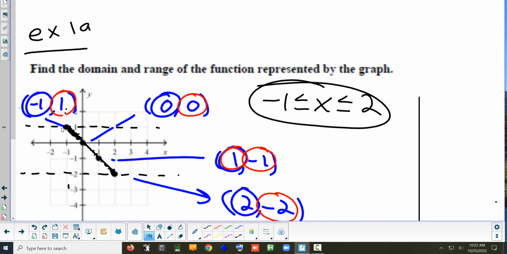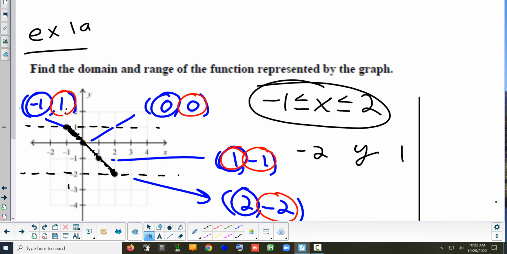That's the limit, up to down, that this line goes through. The highest it ever goes is 1, and the lowest it ever goes is -2. So the way we would describe the range, we put the low value, we put the high value, and with range, we put the letter y in the middle.